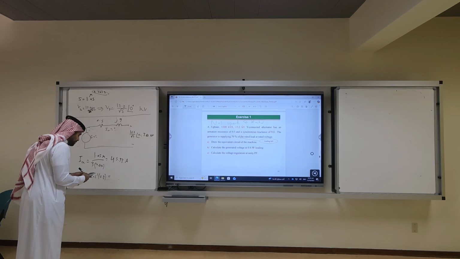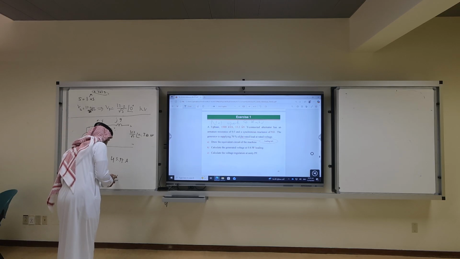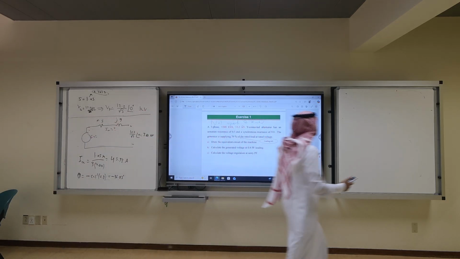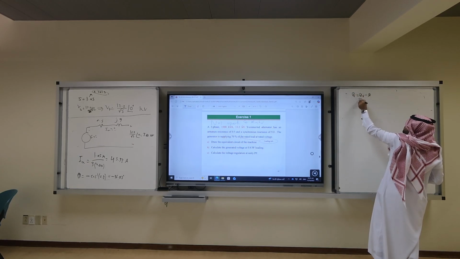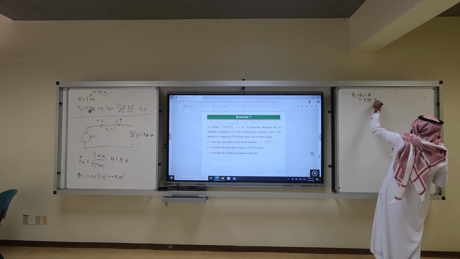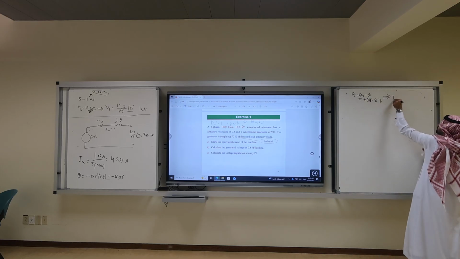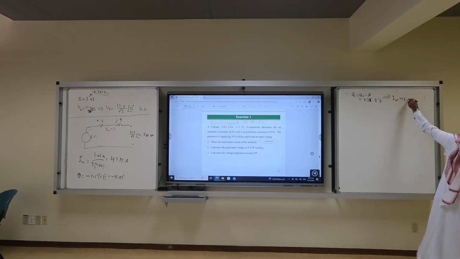So minus 36.87 degrees. What does it mean? It means theta I is theta V minus theta, which is plus 36.87. So what is IA? 45.93 angle 36.87.